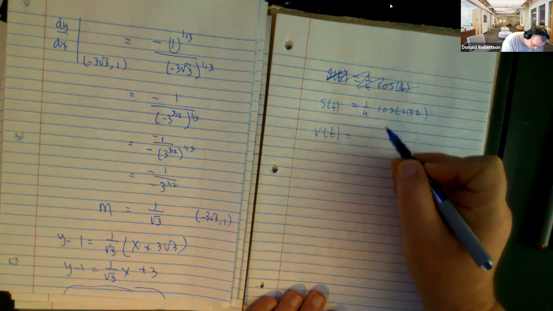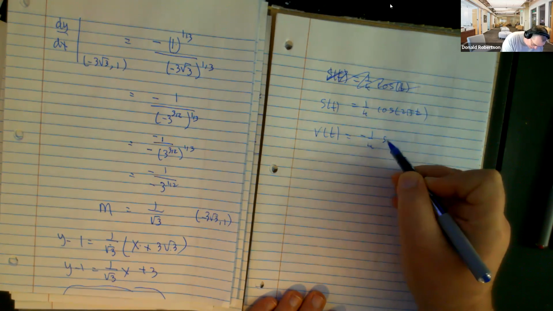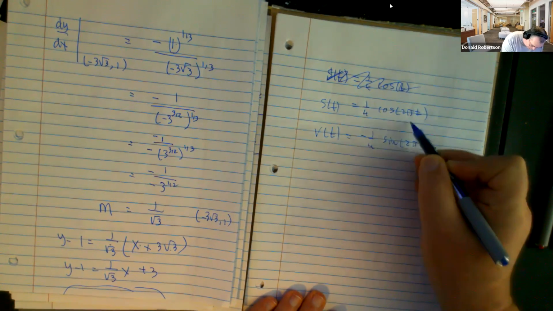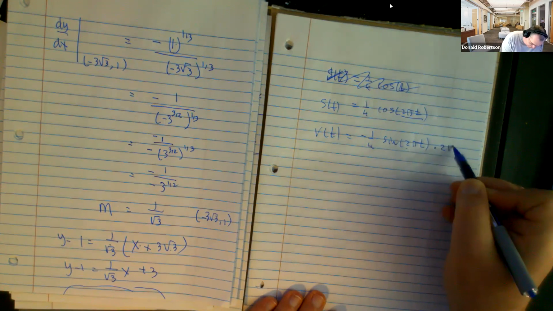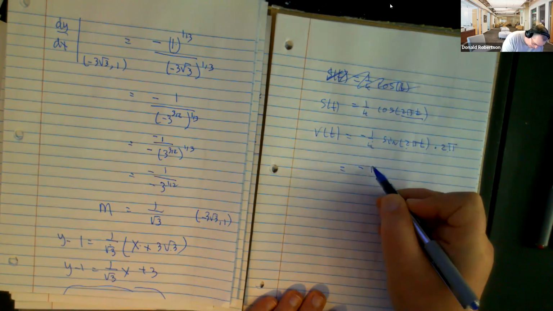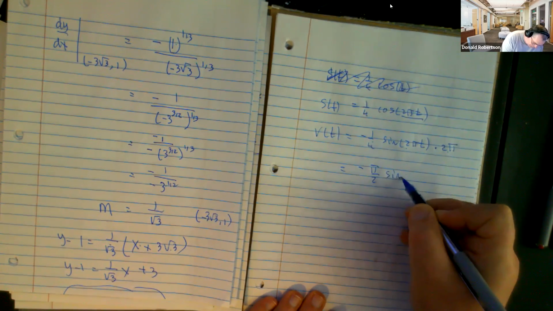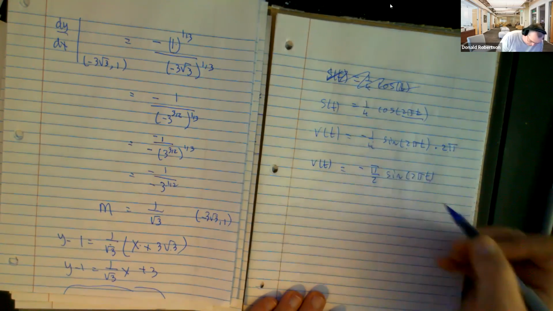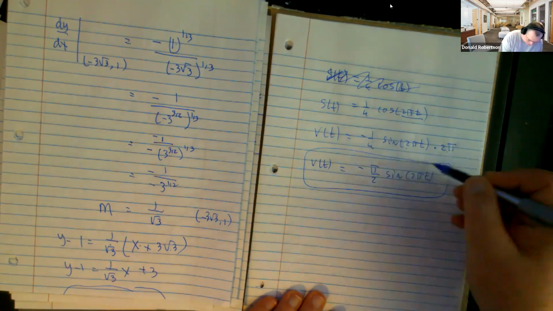Okay. So if you differentiate a cosine, you get a negative sine. And then don't you finish with the derivative of the inside function, which is essentially 2 pi? And if you cancel them down a little bit, you get negative pi over 2 times the sine of 2 pi t. And if you want the velocity, you're finished.